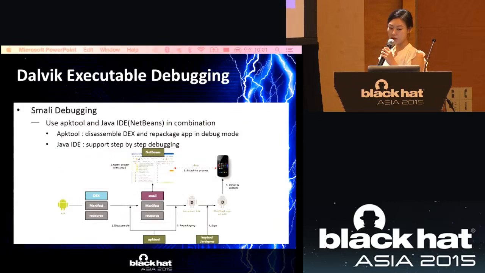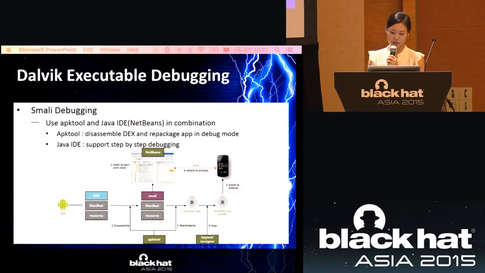So let me explain in more detail about Dalvik Smali debugging. Smali debugging uses APK tool and a Dalvik debugger in combination. In this slide, I made an example using NetBeans IDE.